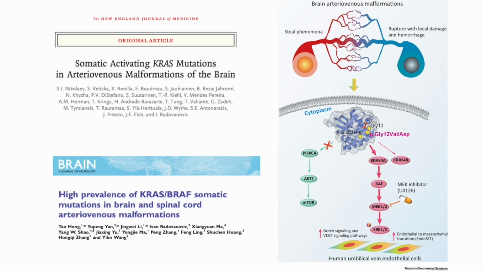In the last decade or so, important discoveries about the genetic underpinnings of AVMs have identified somatic KRAS mutations underlying a large proportion of brain AVMs. This is in contrast with extracranial AVMs, where there's a more diverse set of somatic mutations seen, including MAP2K1, KRAS, and BRAF.